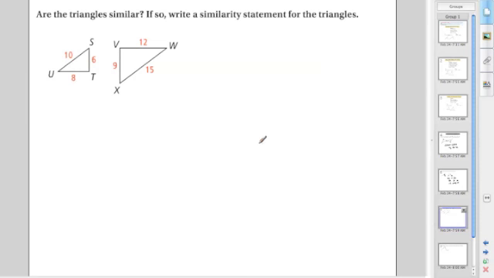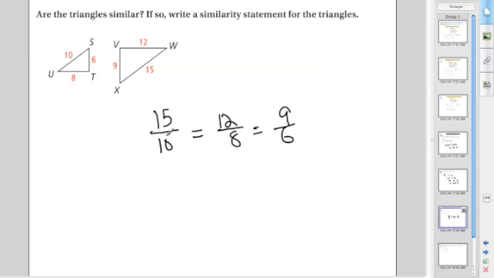So are the triangles similar? If so, write a similarity statement. We don't know anything about the angles, but we can check out the sides, which means you always compare longest to longest, short to short. So 15 is going to get compared to 10. We're going to see if it's the same as 12 over 8 and 9 over 6.